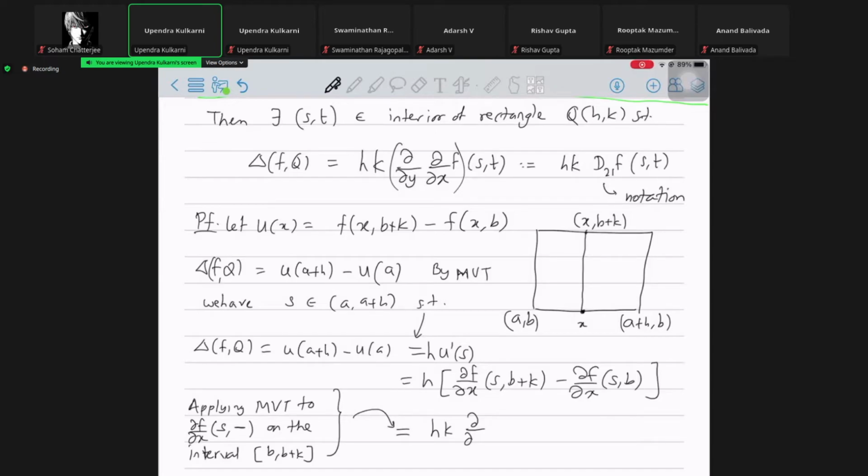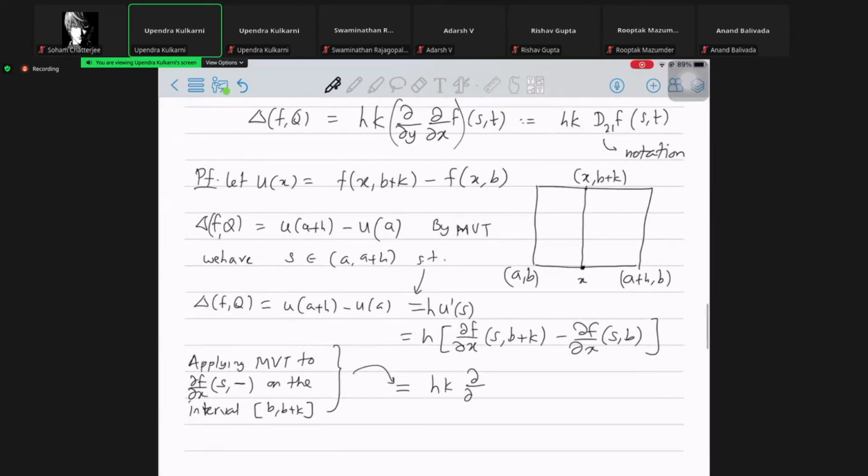That means the mean value theorem will give me a point t in (b, b plus k) such that this happens. So what do I get? H times k times some value t such that the derivative of the function that I have written at that point is equal to k times the difference in the square brackets.